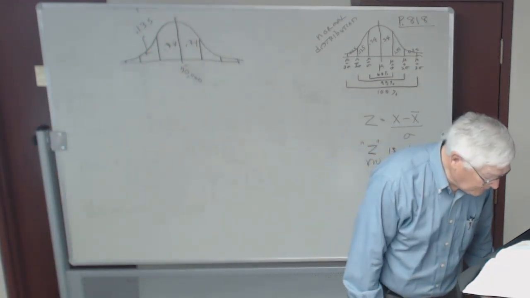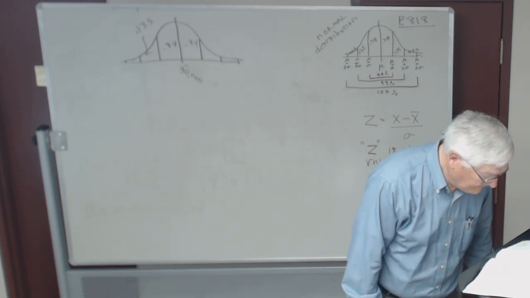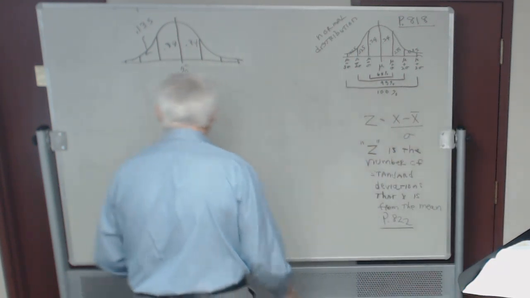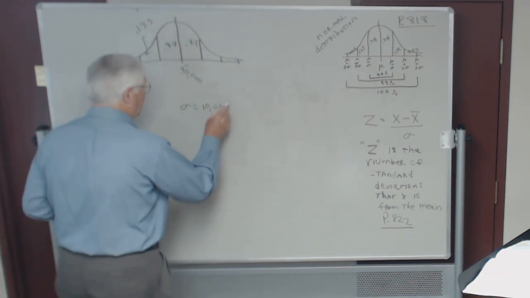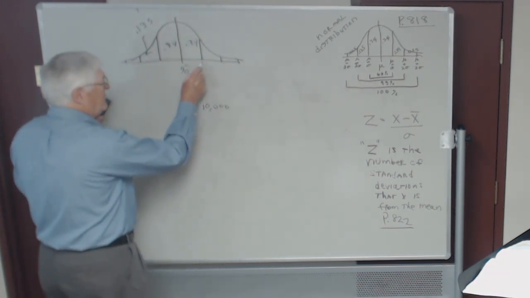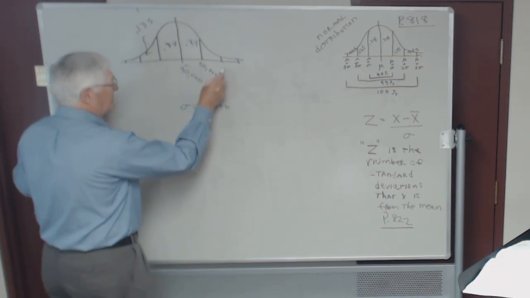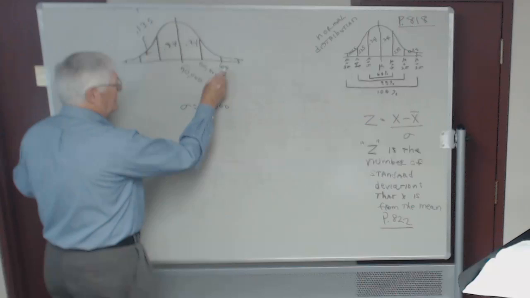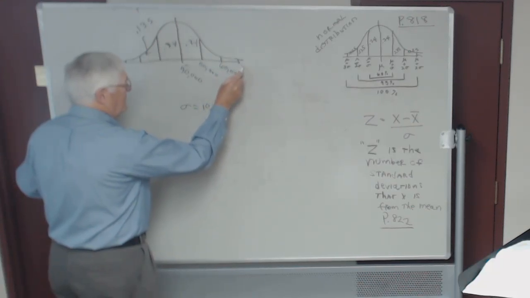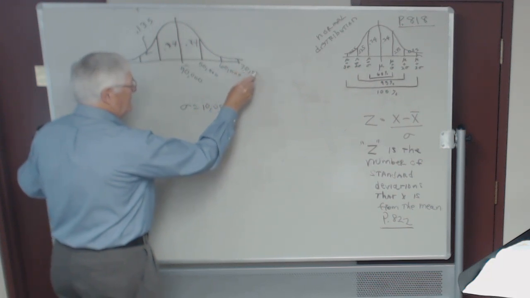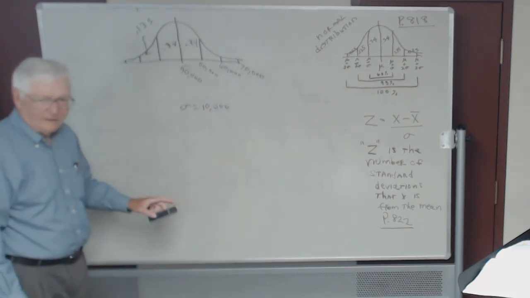Then what does it say next for problem 2? The standard deviation is 10,000. So what number goes here? 50,000. What number goes here? 60,000. What number goes here? 70,000. Everybody follow that?